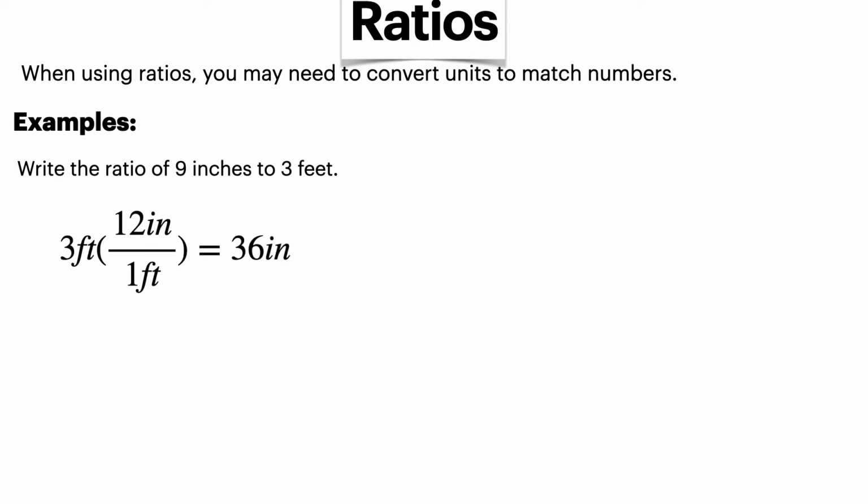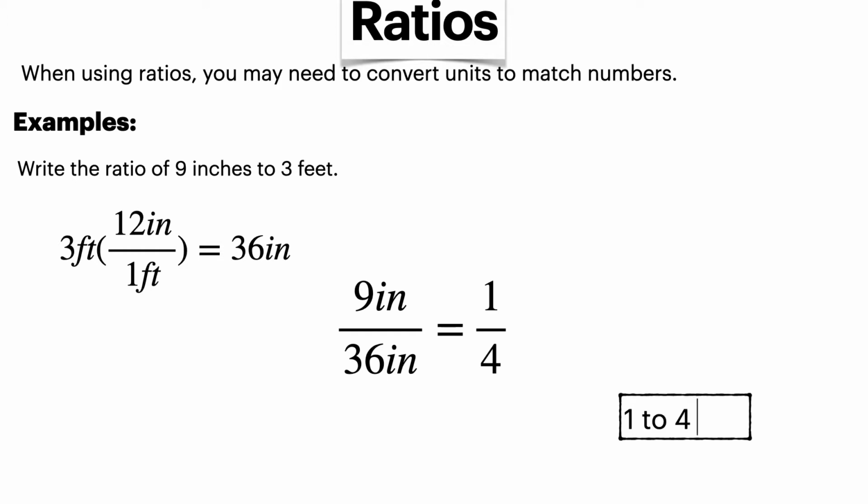So if I convert the 3 feet into inches, I go 3 times 12, which gives me 36. So there's 36 inches there. Next, I'll go 9 inches over 36. That gives me 1/4, a quarter. So then there's 1 to 4 feet.